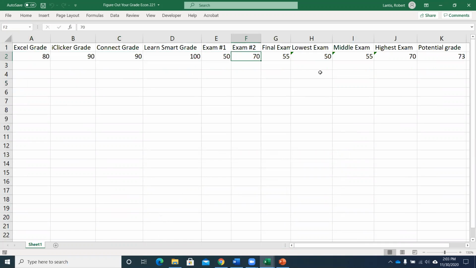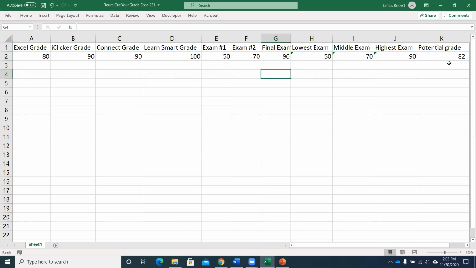Right. And then you can really play around with this final one. Obviously we haven't taken the final yet, but you could say, what if I did really bad and bombed the final, I got 25? Well, this hypothetical person would still end up with almost a C-, right? So even if you bomb and get a 30, you'd still end up with a C-.